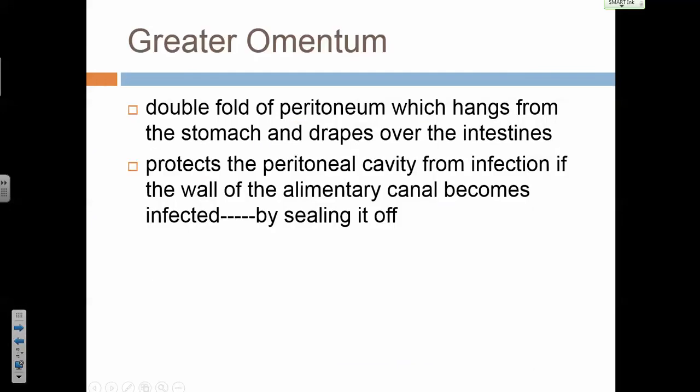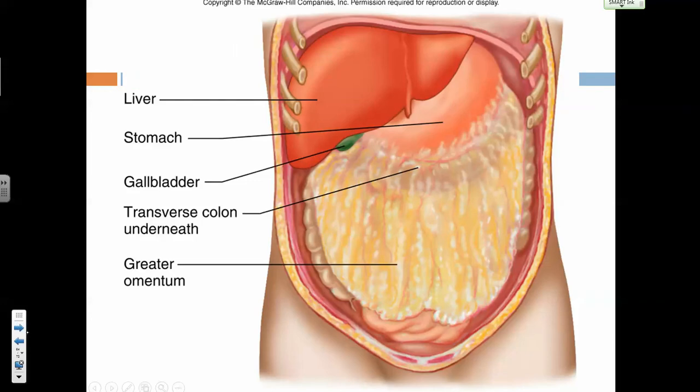All right. Now, the greater omentum is interesting. We're done with the small intestine, with the insides of it. But if you look at this picture, if you were opening up somebody's ventral cavity and you remove the body wall, remove a little bit of the musculature that's there, then as you get below that, you really can't see the intestines because there's this fatty membranous stuff that covers it that's hanging down.